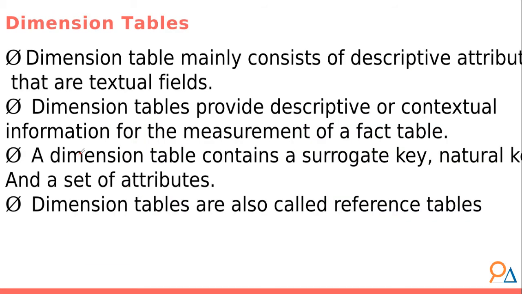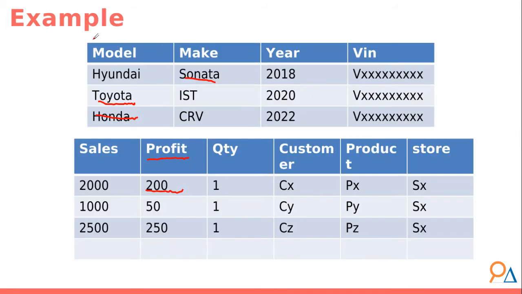Now, dimension table mainly consists of descriptive attributes that are contextual fields. Now let's move one step back again. Keep that in mind. Dimension table simply consists of descriptive attributes. Right here, this is dimension table.